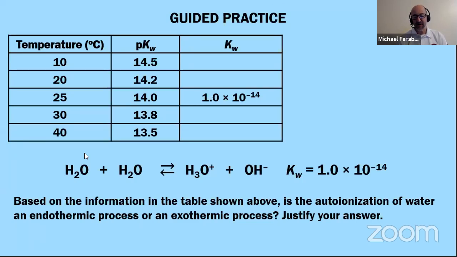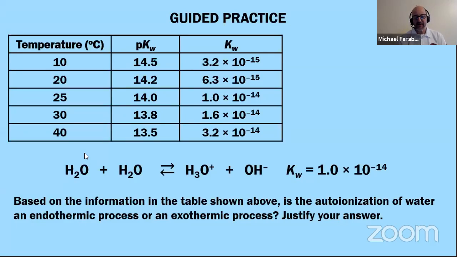So what I have done on my calculator is I have taken 10 to the minus 14.5, 10 to the minus 14.2, and so forth and so on. And so if you look down that far right column, you notice that the actual values of Kw are getting larger. We've seen this before in other example problems where endothermic reactions, their K increases.